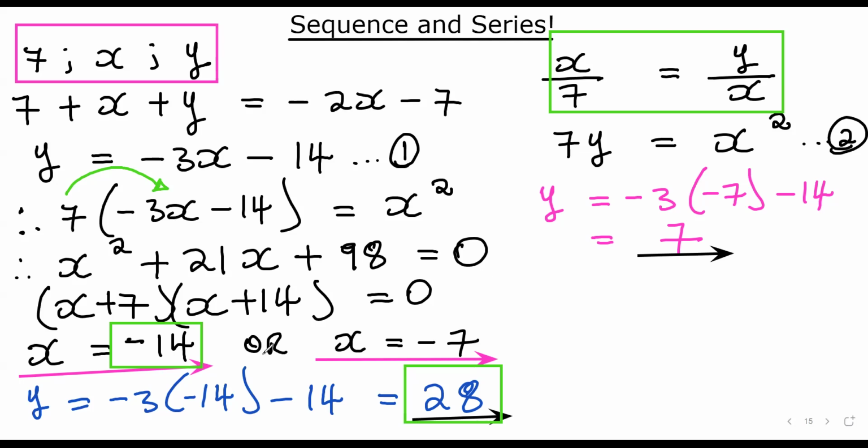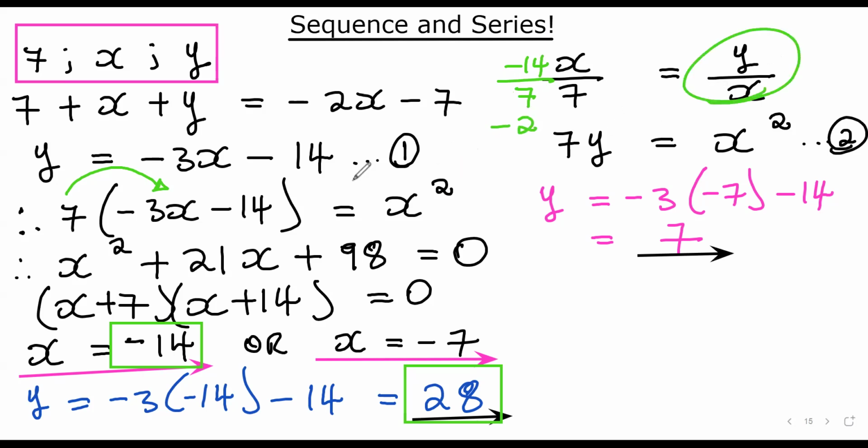It's very important. Well, let's see. Here we have negative 14 and here we have a 7, so we get negative 2. Here we have y, which is 28, divided by x, negative 14. And indeed, we get that negative 2. So that combination works.